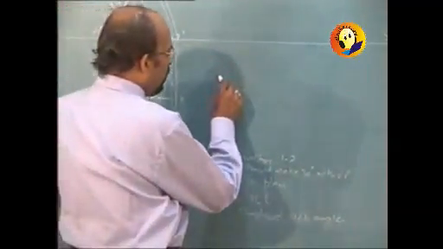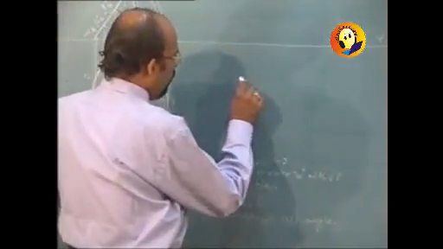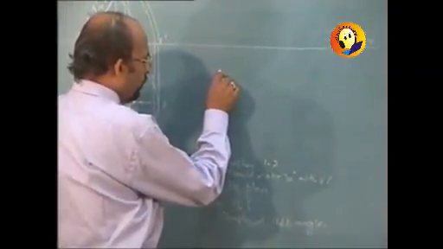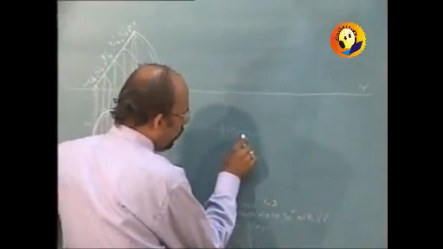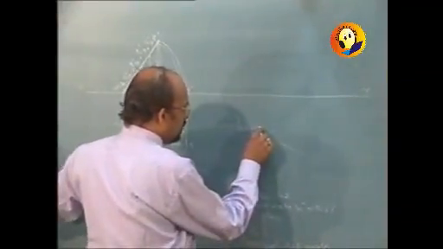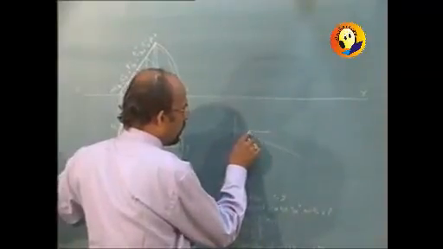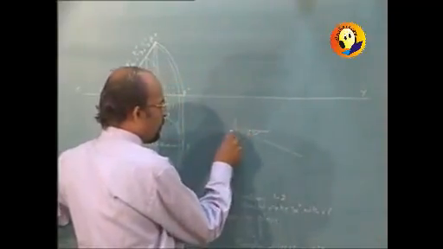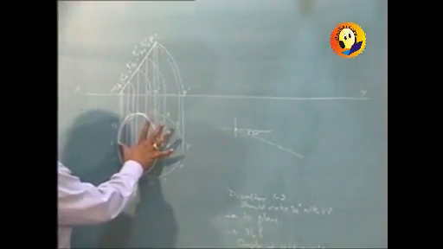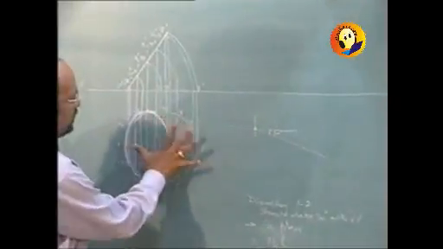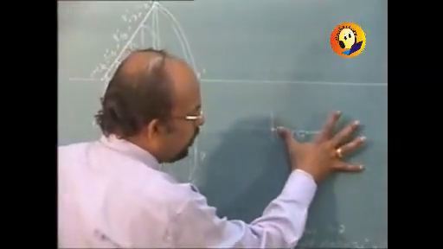And for that purpose we will choose some point, and from there we will draw the true angle, that is 30 degrees. On this 30 degrees, take the true diameter 1/7 and mark it.